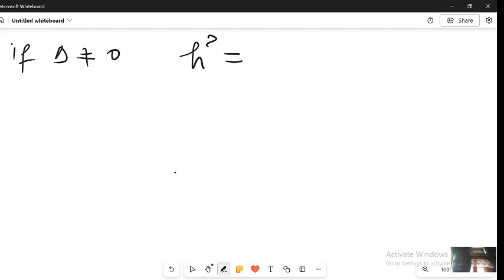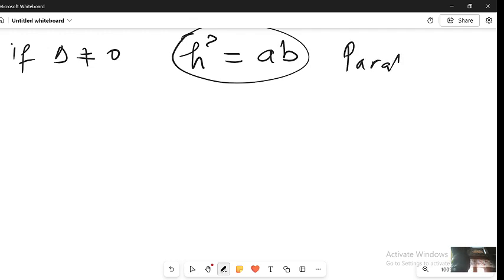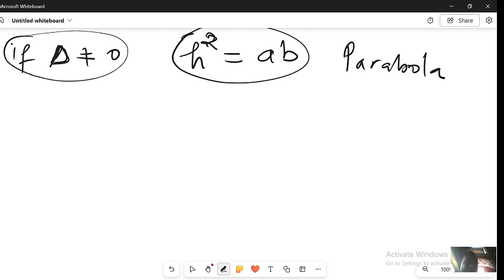If h squared equals ab, we'll have a parabola. So if we determine the nature of the curve, we first determine the delta. If my delta is different from 0, I compare h squared and ab. If they are the same, it's going to be a parabola.